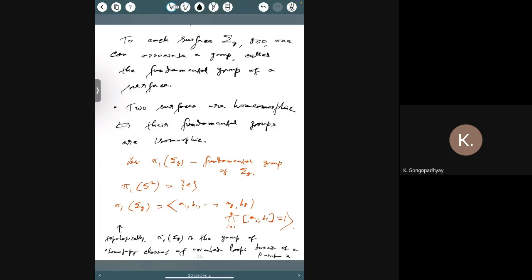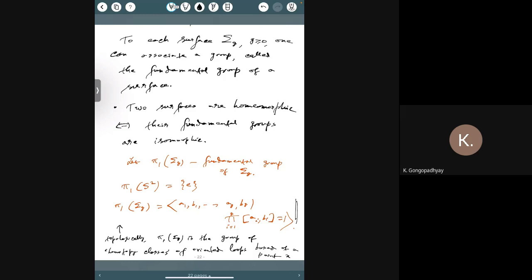Now if you don't know the meaning of this group presentation here, it means this group is generated by 2g elements, which one denotes by A1, B1 up to Ag, Bg, and those 2g elements generate the whole group. Among themselves they satisfy this relation, that the product of their commutators is equal to 1.